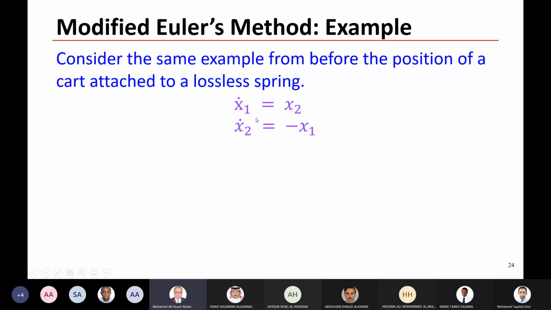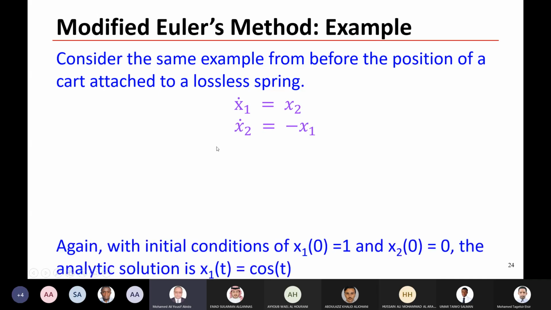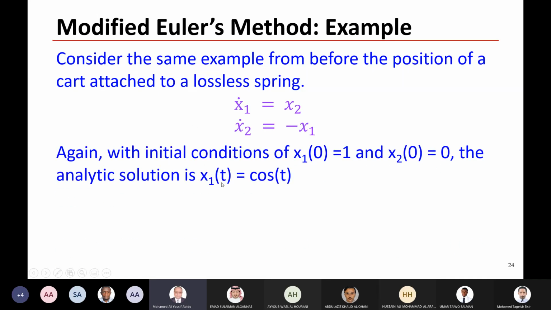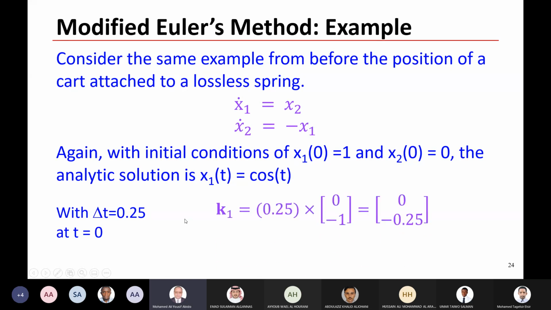Consider the example system again that we discussed earlier, and we know the solution is x1 equal to cosine of t. Let us implement this with delta t equal to 0.25 and t equal to 0.